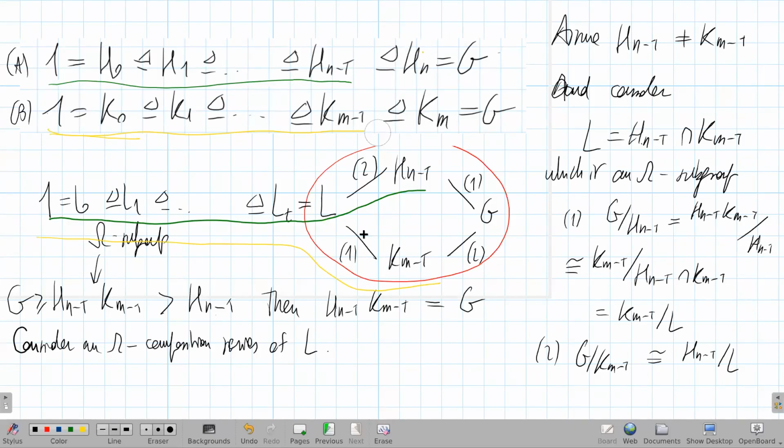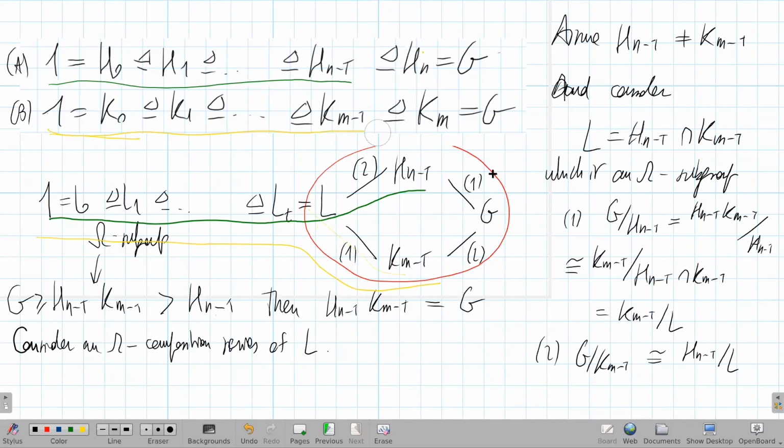And now consider this series, the K series. The composition factors are the factors of Kn minus 1 plus G over Kn minus 1, which are the same as this. And these are the same as this other series, the series going up and the series going down. So these factors are in common. These two are not the same, but they are isomorphic to this, as we saw.